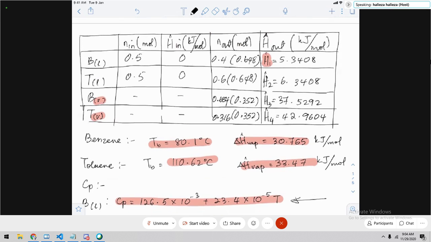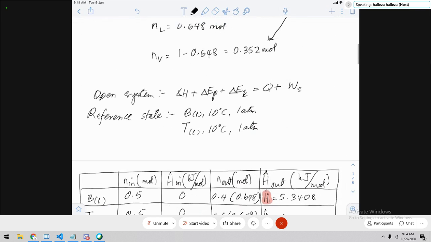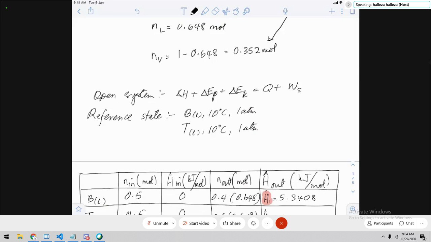So next, based on our open system, you need to look at the equation of our open system now. Any term that needs to be dropped, we're going to cancel it. That's the change in potential energy, change in kinetic energy, and shaft work. Give a reason why. You cannot just cancel it off without stating the reasons.